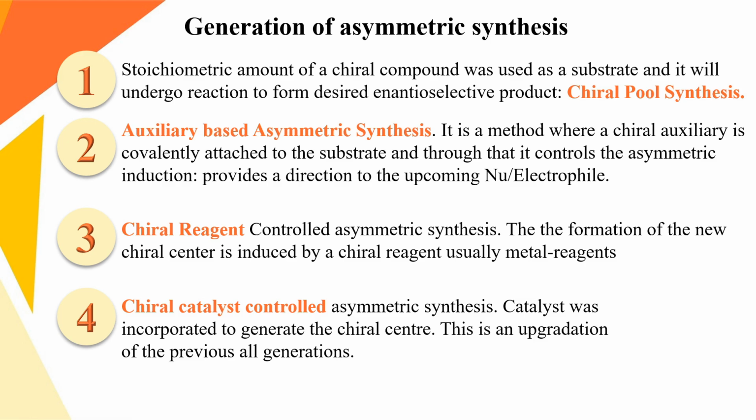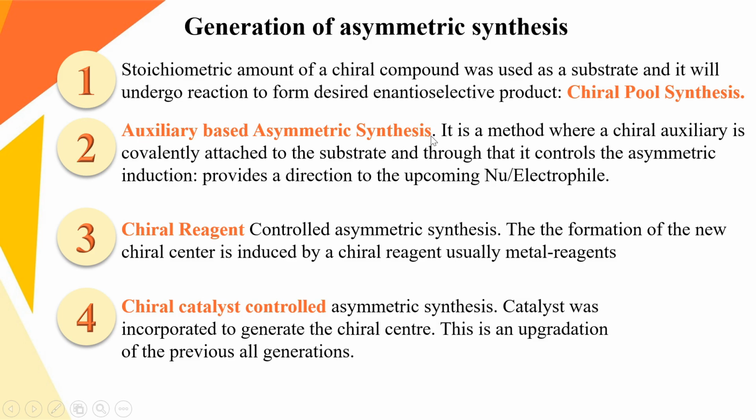For example, they can start from amino acids, which have a particular chiral center, and from there do some functional group transformation to form the desired enantioselective product. This methodology is called chiral pool synthesis, and we will discuss it in the subsequent slides.